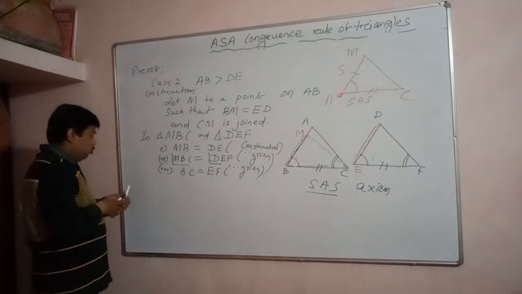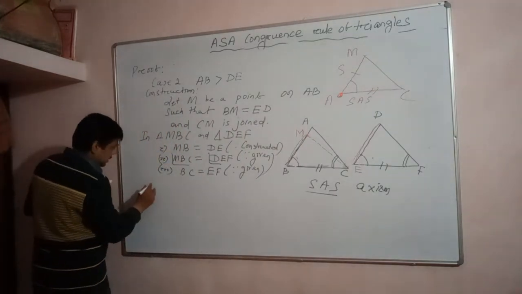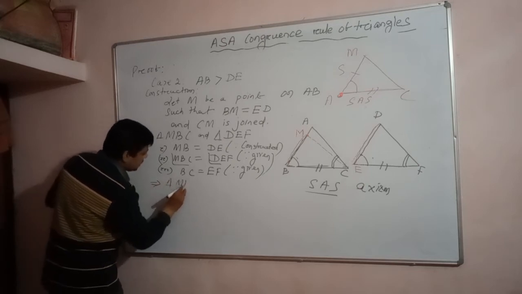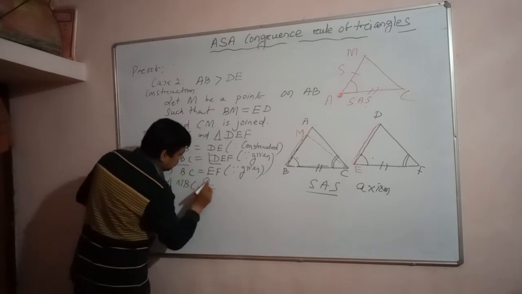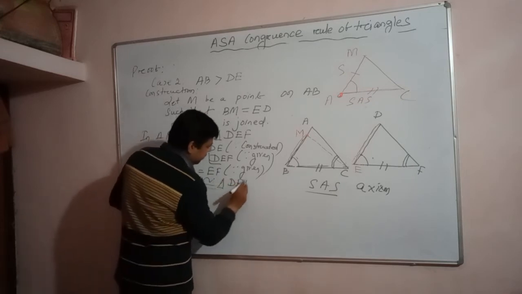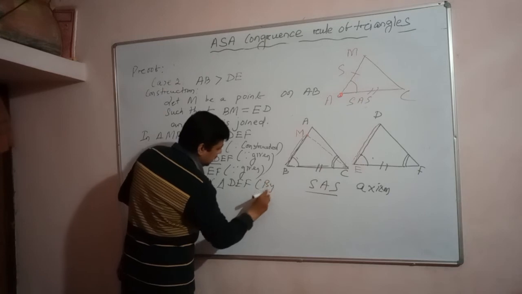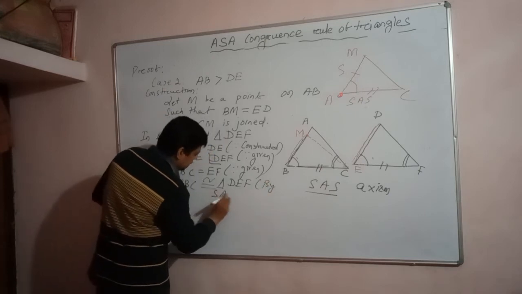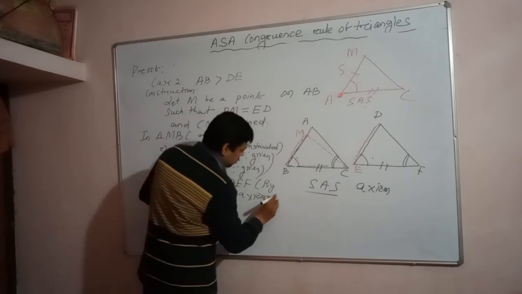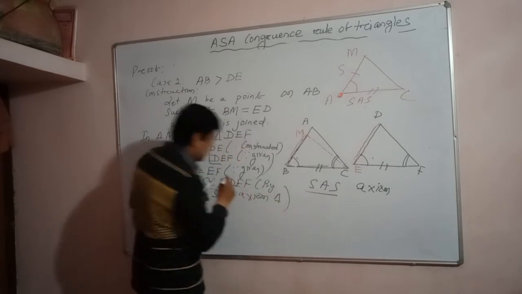So that implies triangle MBC is congruent to triangle DEF by the side angle side axiom, the congruence rule of triangles.